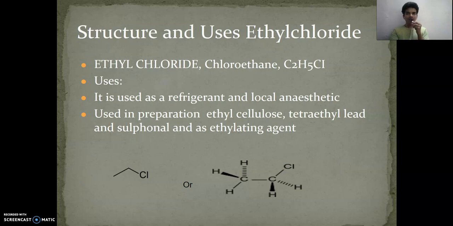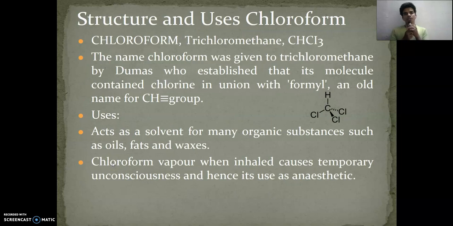Then the next point is related to the structure and the uses of chloroform. Chloroform, another name trichloromethane, has the formula CHCl3. The name chloroform was given to trichloromethane by Dumas, who established that its molecule contains chlorine in union with a formyl, the old name being CH triple bond.